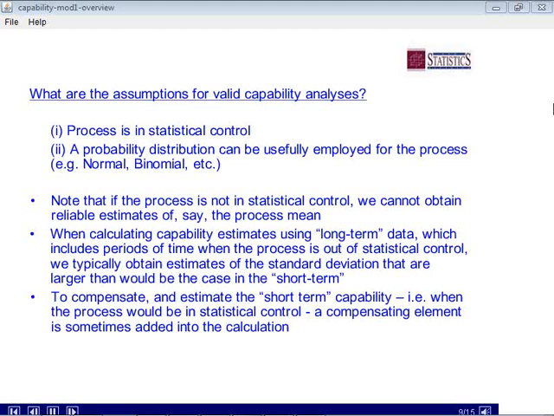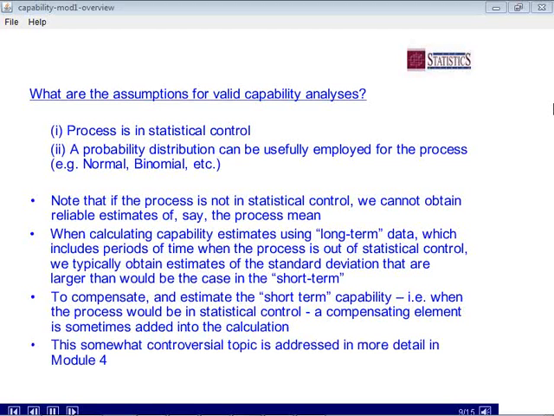We're going to be discussing that, of course, in much more detail later on. It is a controversial topic, I'll say that. I'm going to set it aside as far as the materials that we're going to be discussing here, because I'm going to be making the assumption that the process itself is in statistical control. But I'm not going to sidetrack this. I will discuss this in much more detail in Module 4.